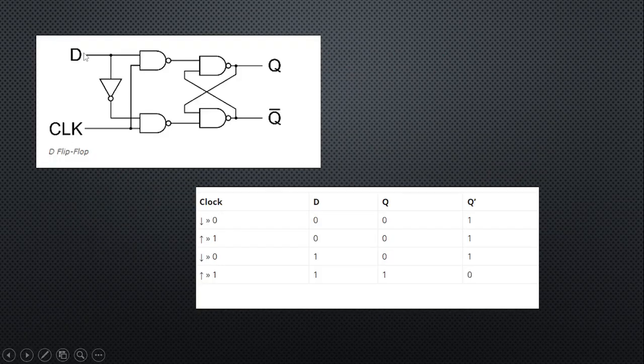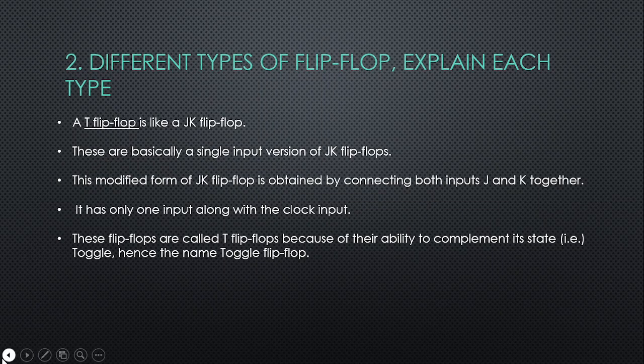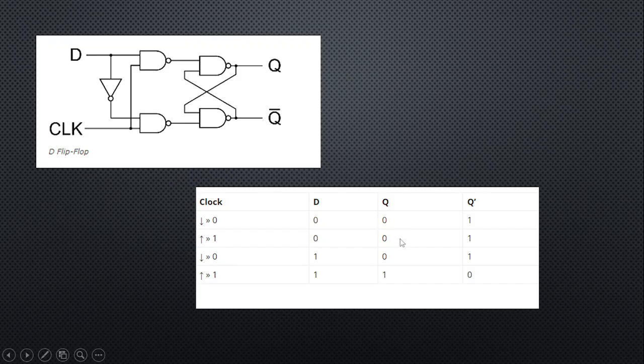So basically we have here the D flip-flop. As you can see, there's only a D input here with the inverter, and then the next connection is the clock. So as you can see, the Q will not turn on unless both D and the clock are at logic 1, so that Q will have a logic 1.